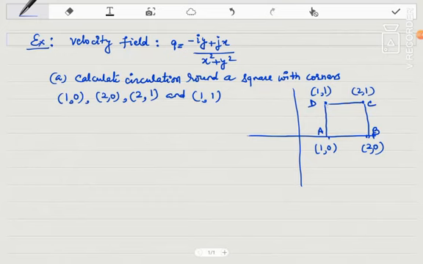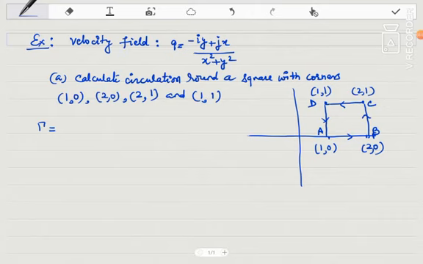So if I want to find the circulation round this rectangle, rather it is a square, circulation is actually along AB, along BC, along CD and along DA.